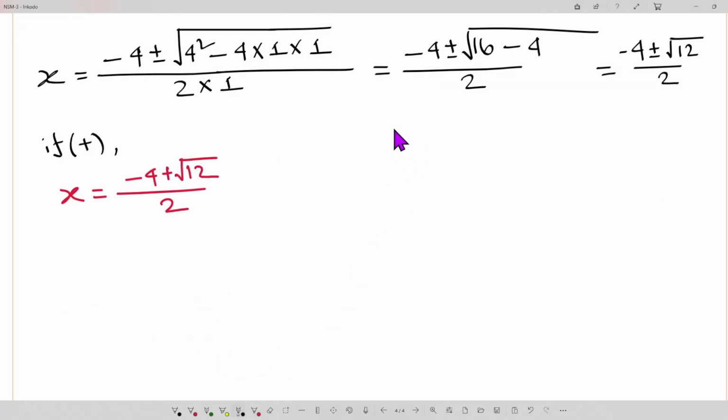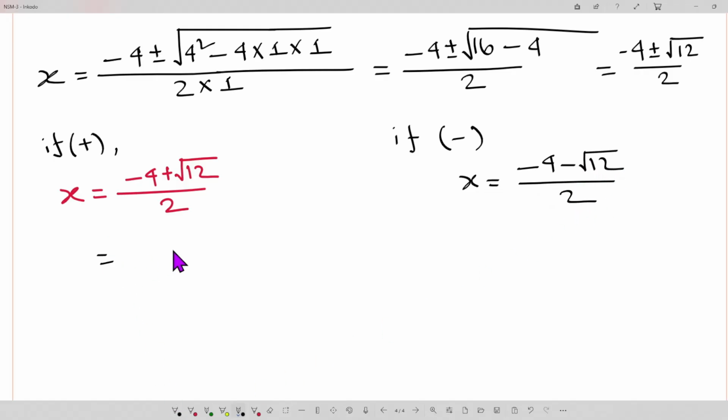Again, if negative, in that case x equals minus 4 minus root 12, divided by 2. Now here minus 4 plus root 12 is 3.64. It's an approximate value, so we can use 2 decimal places, divided by 2.